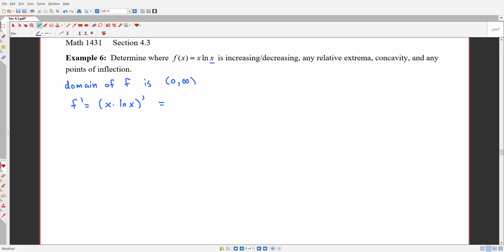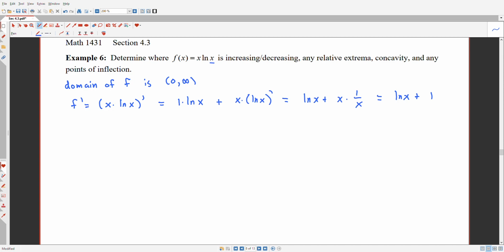So the derivative of x is 1, and then plus x times the derivative of log x. Alright, so here comes my new rule. That's x times 1 over x. That cancels pretty nicely. I get natural log of x plus 1.